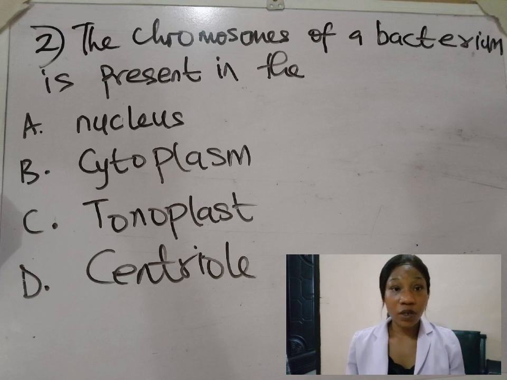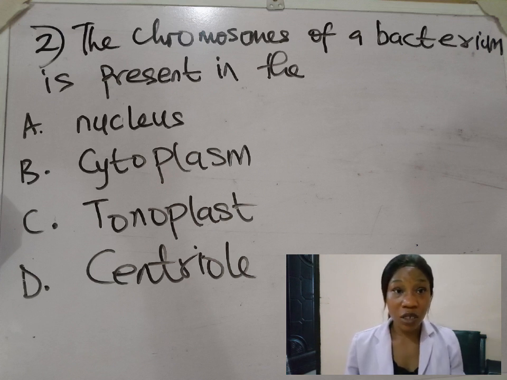All right, so we move down into question number 2. It says that the chromosome of a bacterium is present in the dash. Remember that the bacterium is unicellular, one cell, and it is not a eukaryote, which is a cell that has a defined membrane surrounding it.